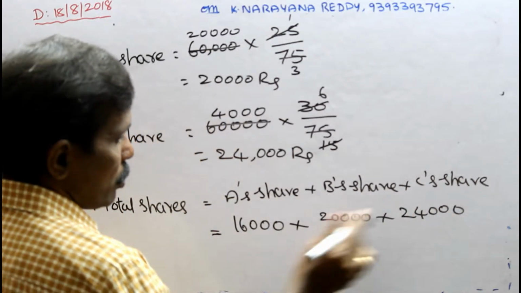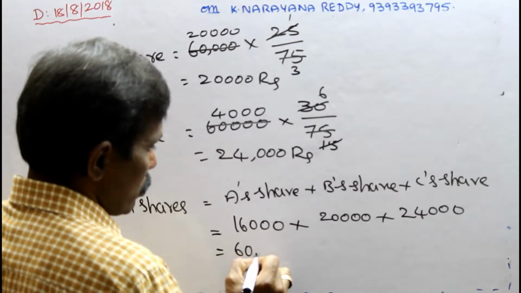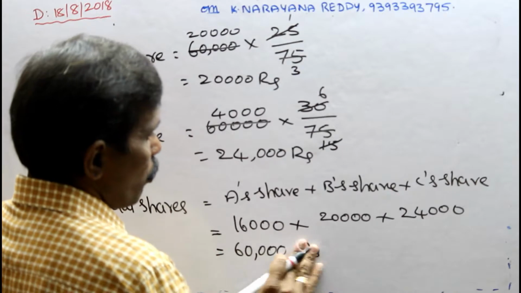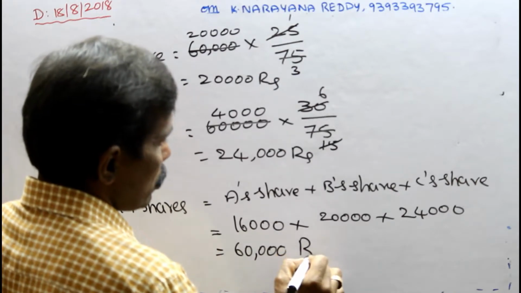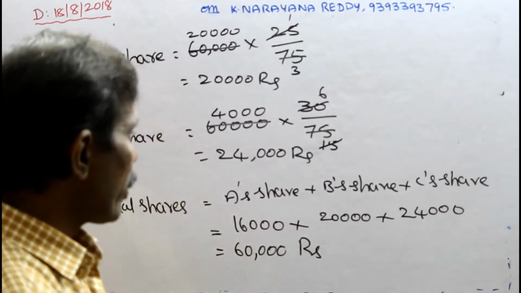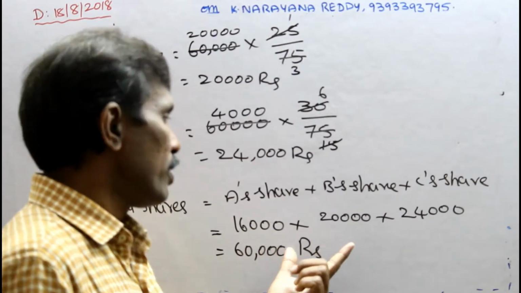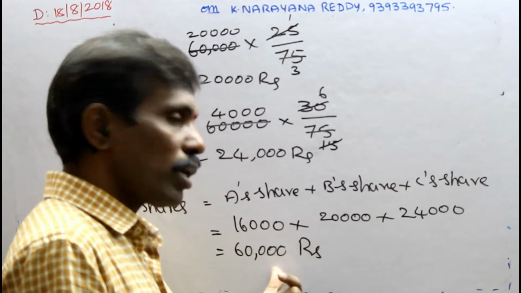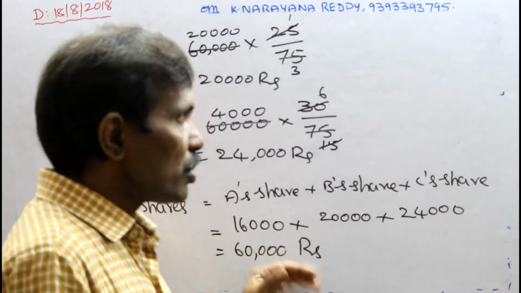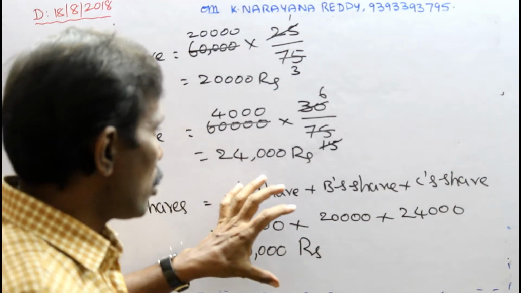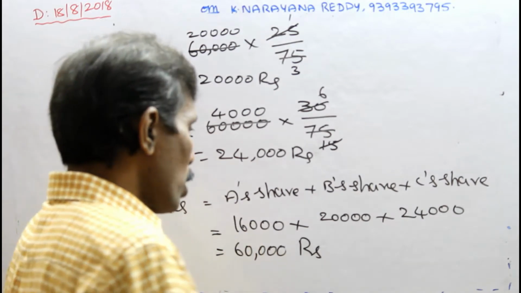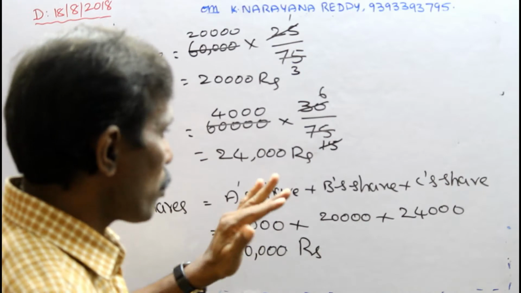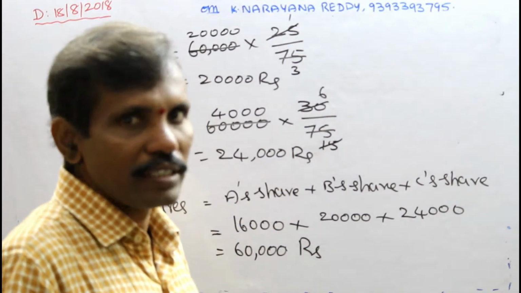So how much? 60,000 rupees. Now the total profit is how much? 60,000. In this way you can distribute it among these three partners: 16,000, 20,000 and 24,000, totalling 60,000 again. You have to observe whether the total profit is equal or not. Only then your problem is correct, otherwise wrong.